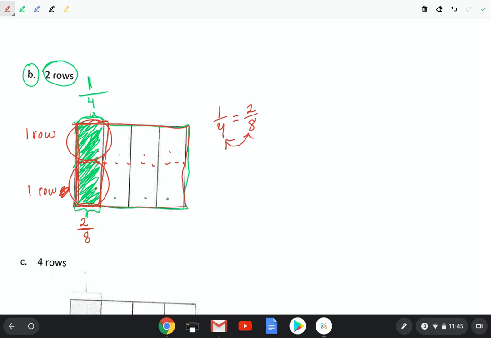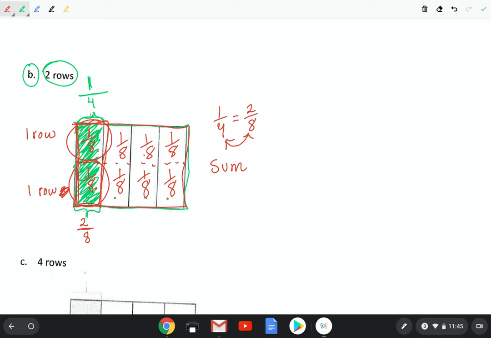Since I made 8 total, each of these smaller units is 1/8, okay? 1/8 plus 1/8 plus 1/8 and so on here. So that's going to help me to write the sum or the addition sentence, okay?